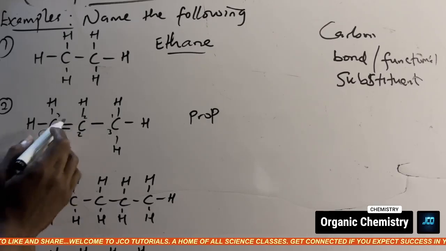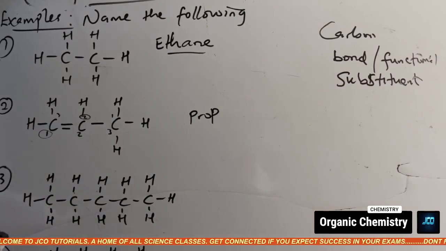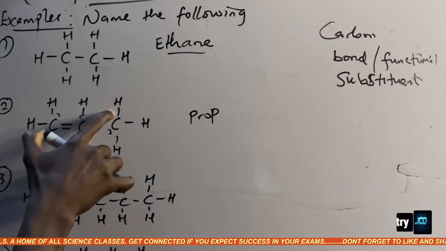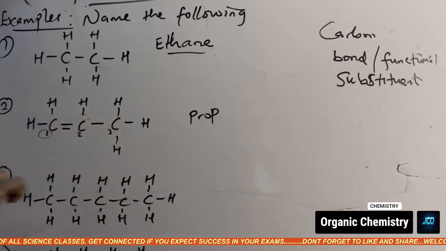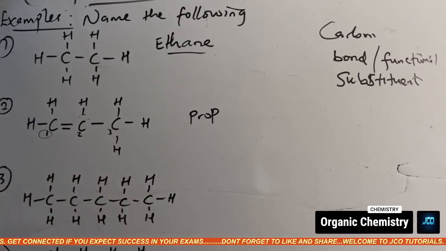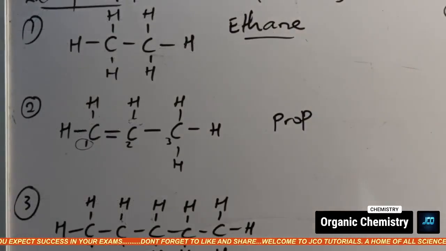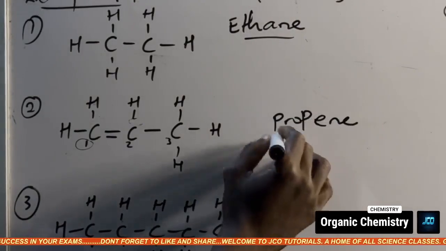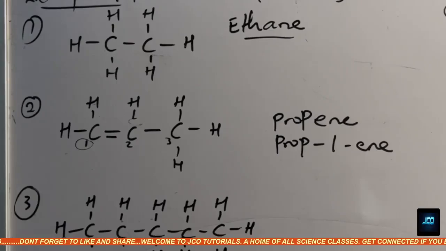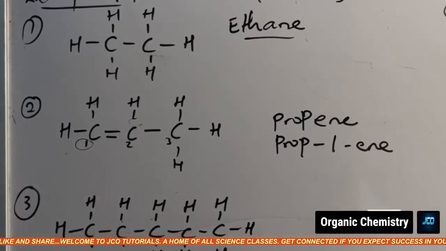The double bond is going to be between 2 and 3. Lowest is 2. And since 1 is lower, I'm not going to take the numbering from my right. I'll take the numbering from my left so that it is at the 1 end. So considering that, it's going to give me propene, or prop-1-ene, because it's at the first carbon. Prop-1-ene.